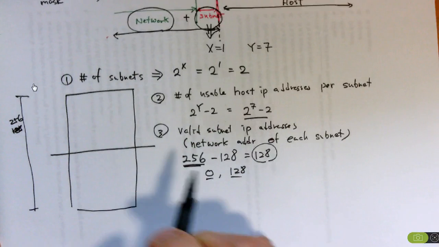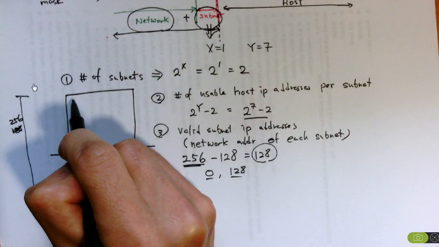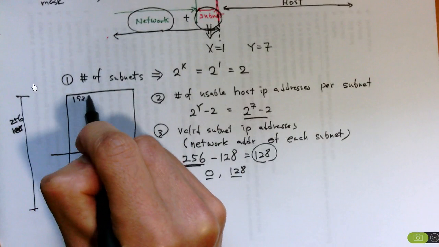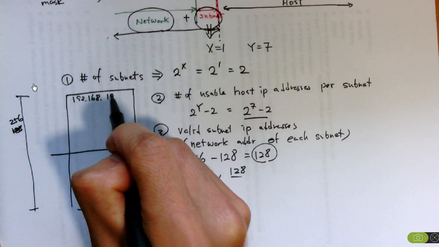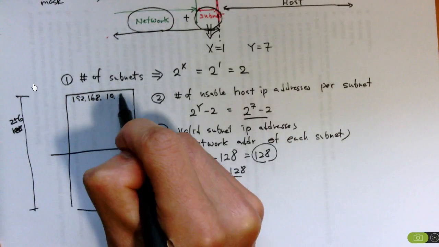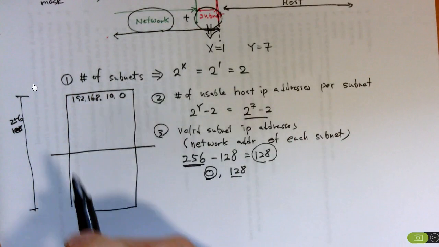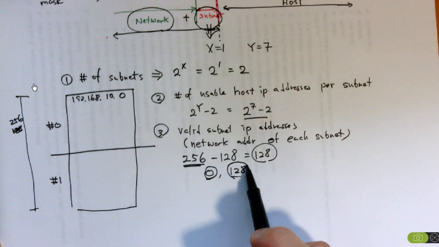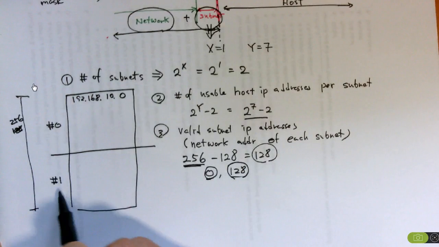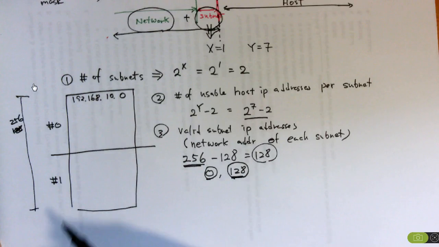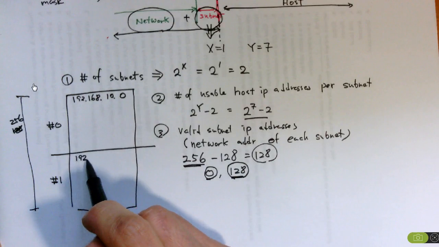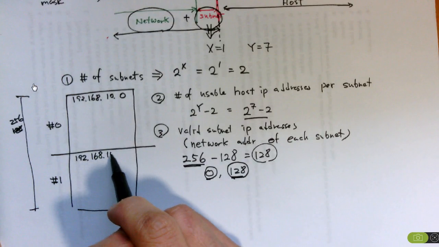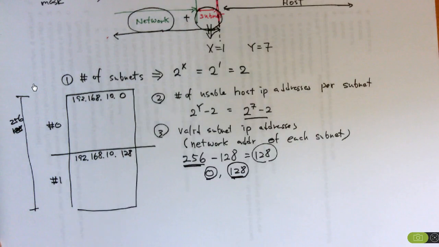The first network address is 192.168.10.0, that's the network address for subnet number 0. And the network address for subnet number 1 is 192.168.10.128.